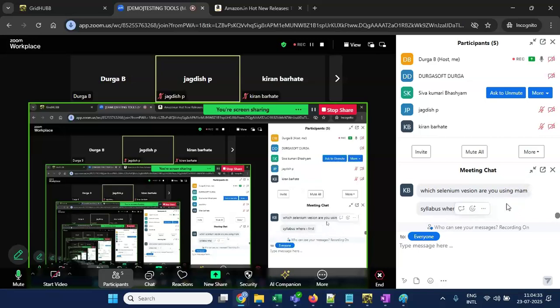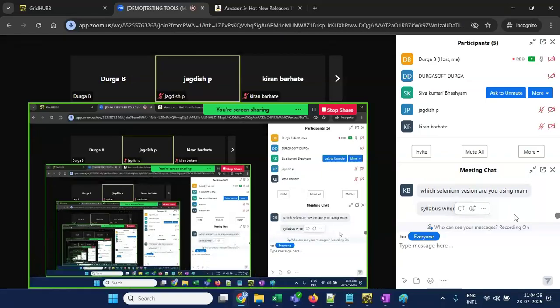The Selenium version I am using currently is 3.141.59. I'm using only the 3 series of Selenium for my automation. Currently the 4 version is being worked on, but I'm using the last version in the 3 series.